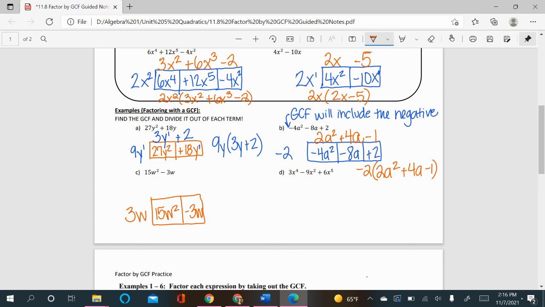So 3w times what will give me 15w squared? No, it should be 5w. And then what times 3w would give me a -3w? Well, that's just -1. So I'll have 3w times 5w minus 1.